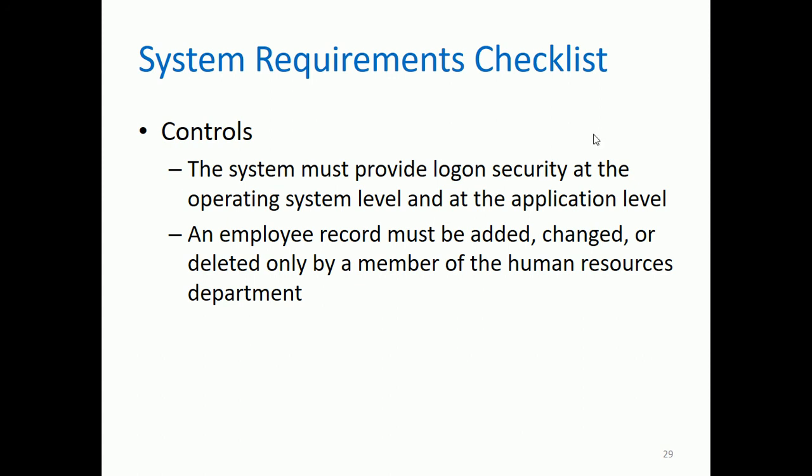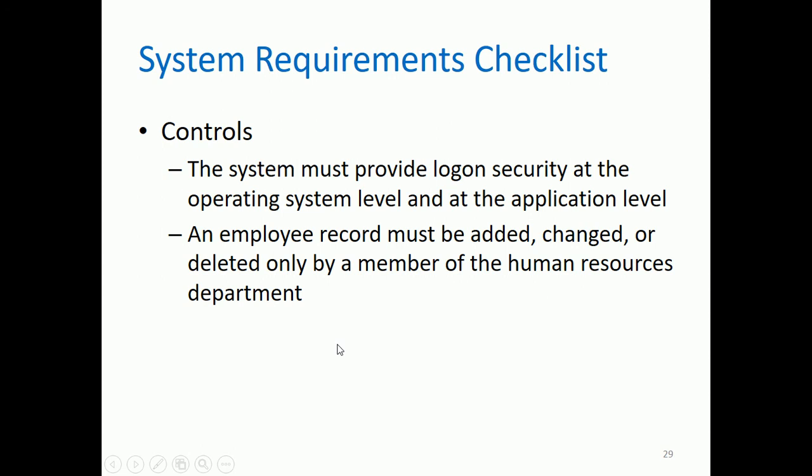So this is correct. Next: an employee record must be added, changed, or deleted only by a member of the human resources department. As you could analyze, you can also classify it as a process if this last phrase is not included.